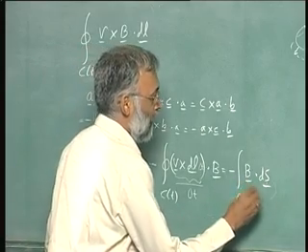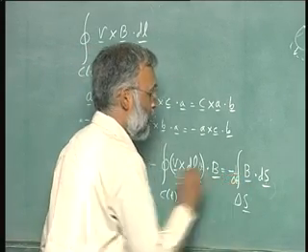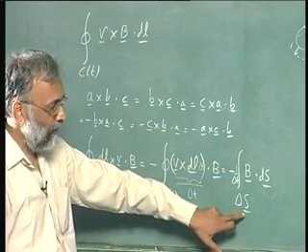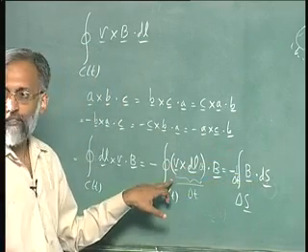So, 1 over delta t integral over the ribbon b dot ds is what this is.